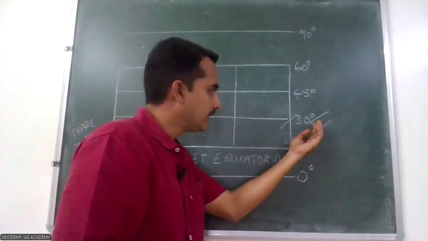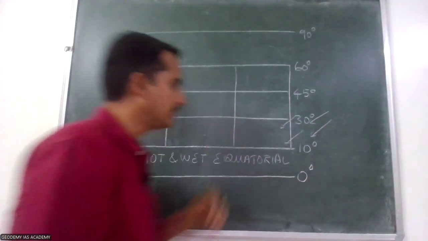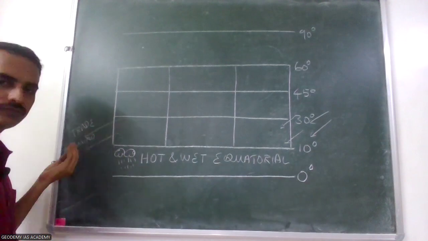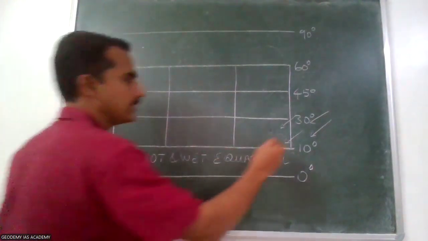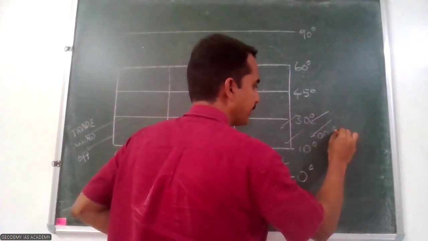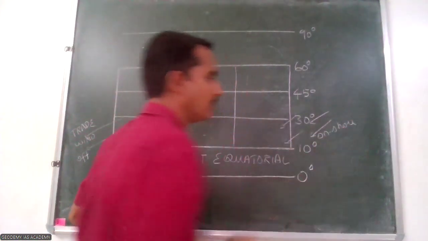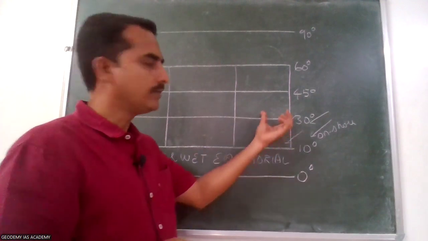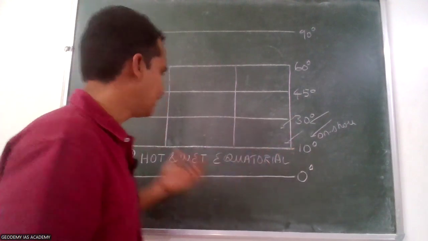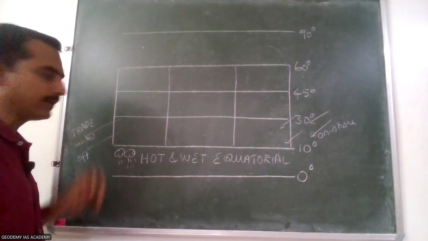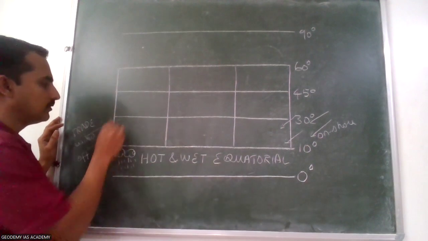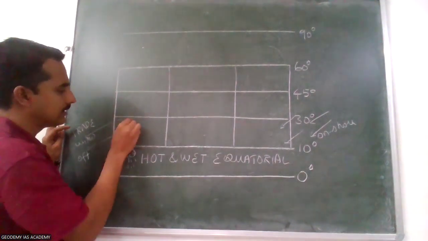So the trade wind blows from sea to land on this side, and here land to sea. So here it is offshore wind, and here it is onshore wind. On the onshore wind side, the climate will be wet, and in the offshore wind, land to sea, it is a dry region. So in the western part here, 10 to 30 degree, it is called desert type.